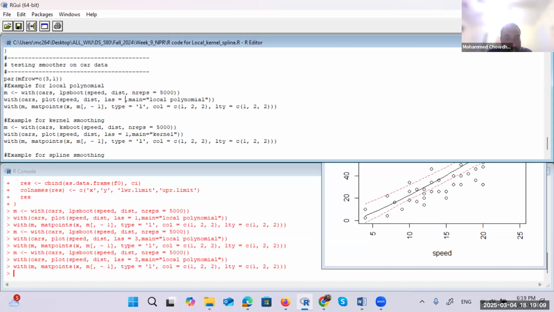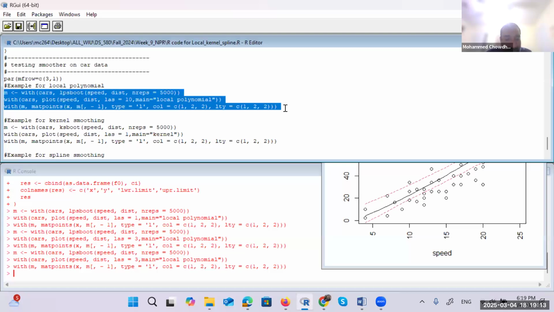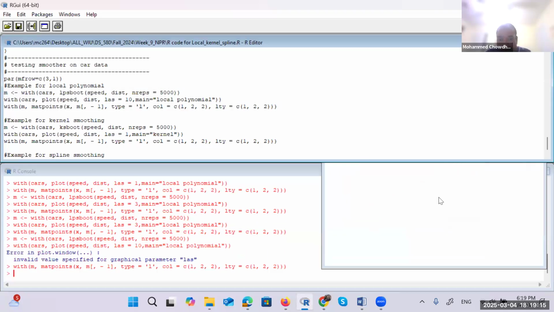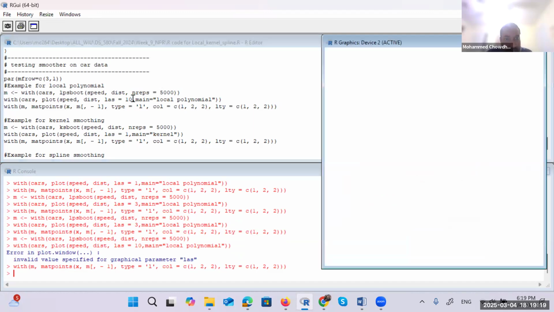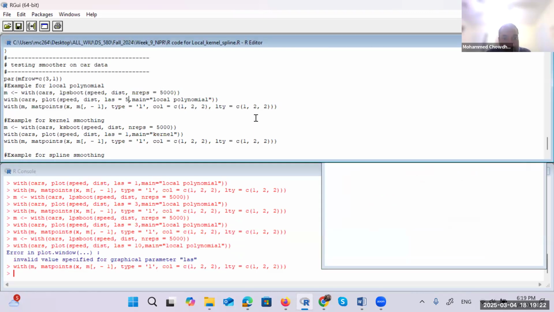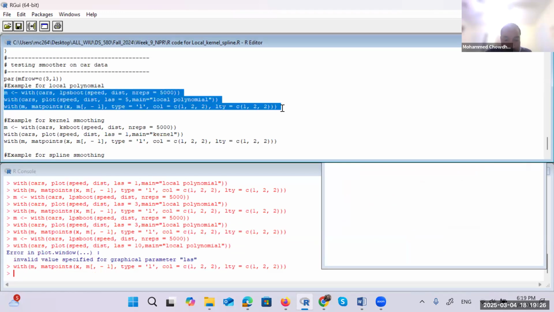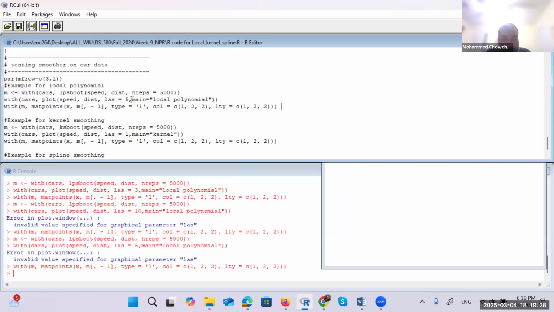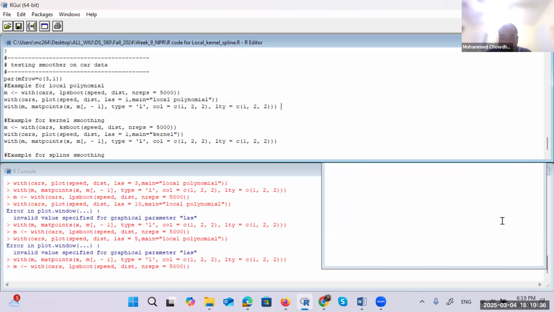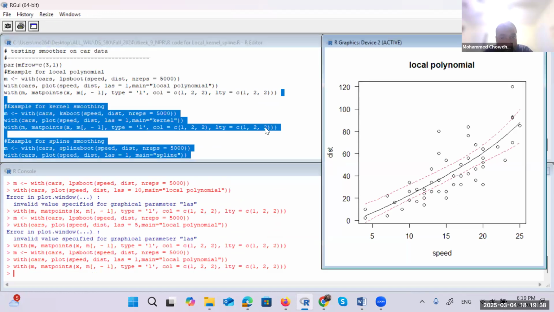So if I want to put 10 here, let me see whether it will work. Oh, 10 is not taking. So let me put 5 here. 5 is not taking. So las is taking 1. Exactly, I cannot recall what las stands for, but I can explain it to you later.